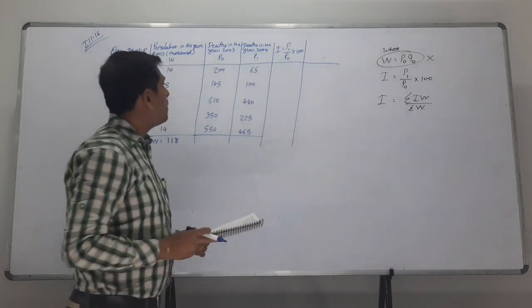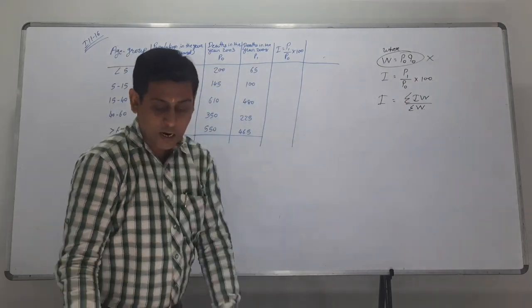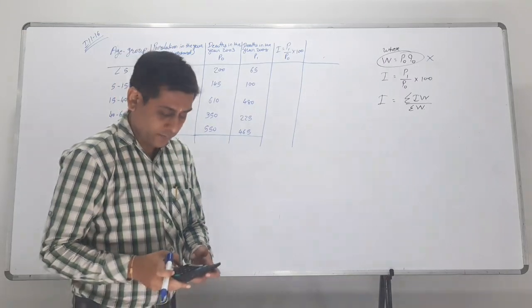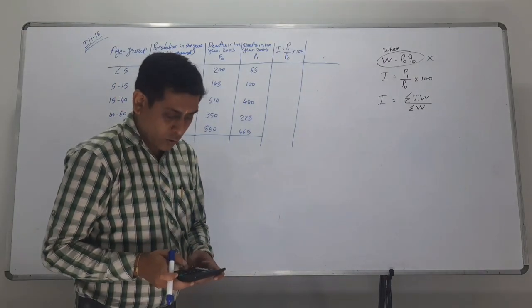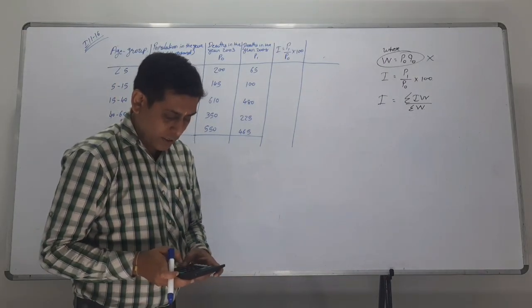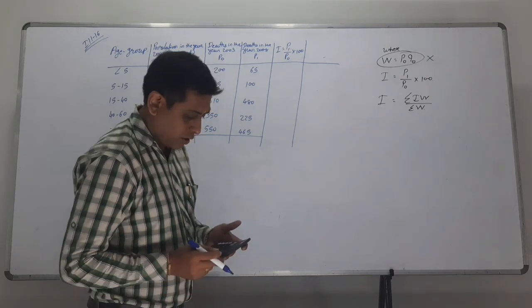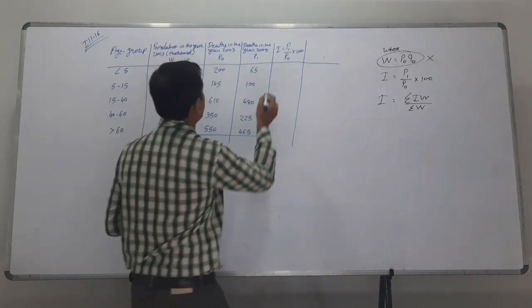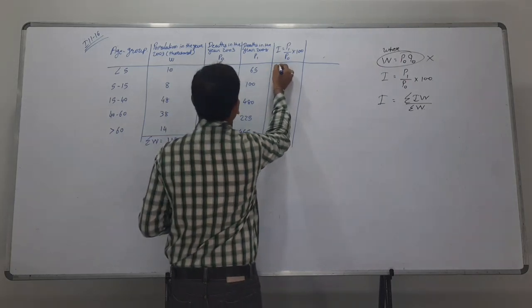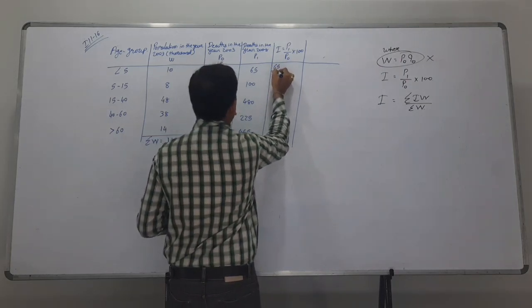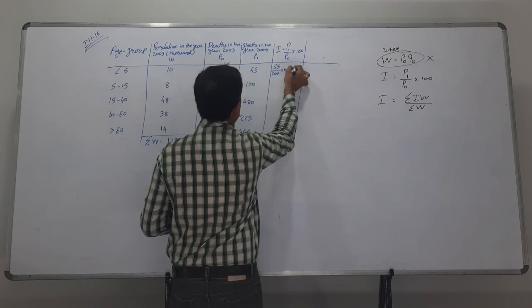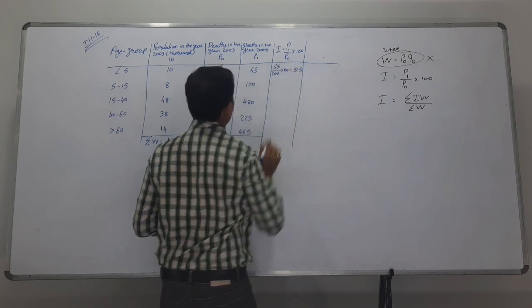Now P1 upon P0, 65 deaths in the current year divided by 200 deaths in the base year, multiplied by 100, that is 32.5.